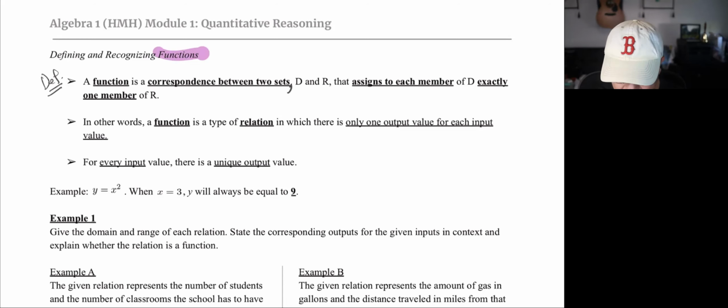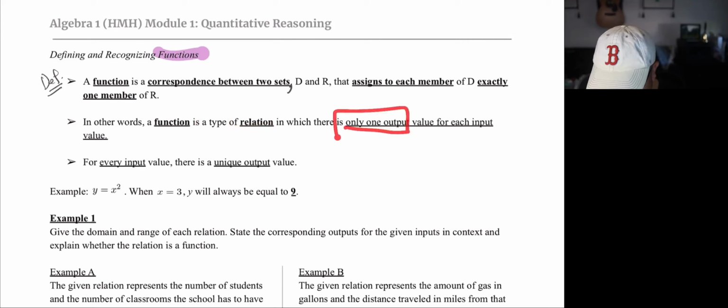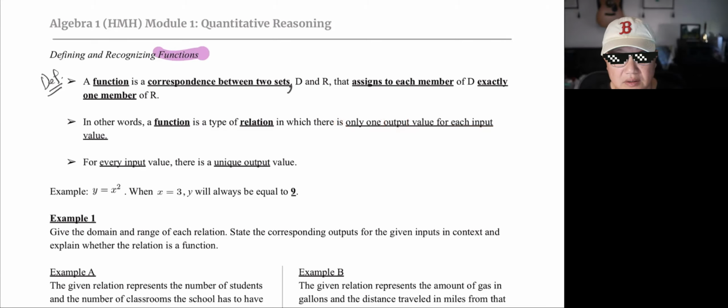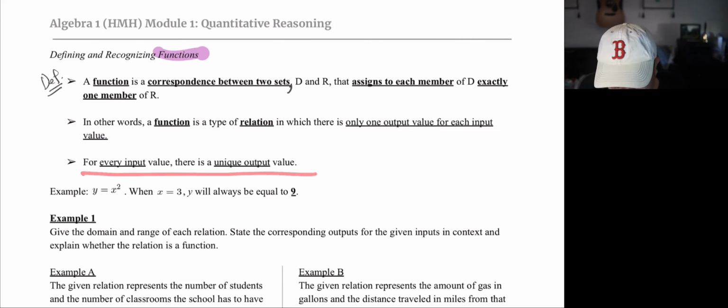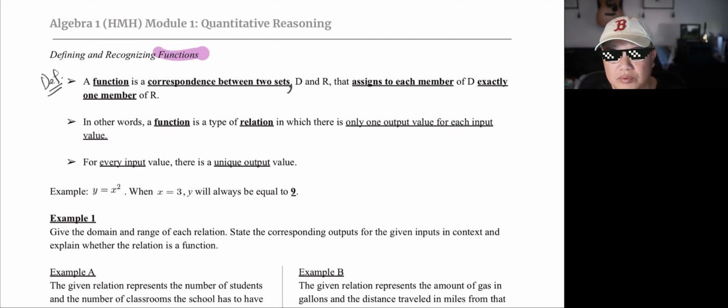Another way of expressing the same thing is that a function is a special type of relation where for each input, there's exactly one output. Another way to say it is that for every input value, there's a unique output. Unique means there's only one.